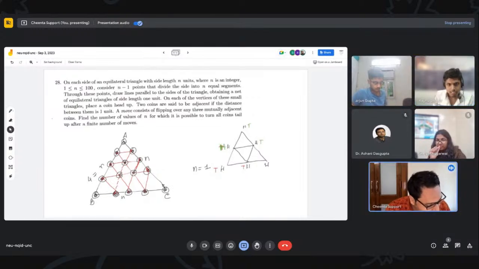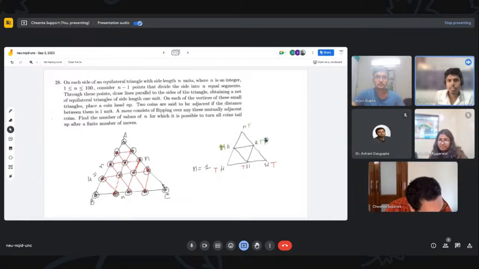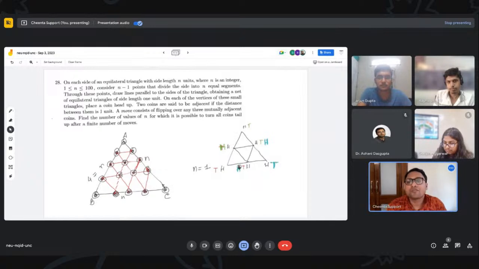And move 4, this one becomes tail. These two become. Oh yeah, now we can flip the middle triangle. That's exactly true. This one becomes tails and this one becomes head. And now if we flip the middle triangle, we are done.